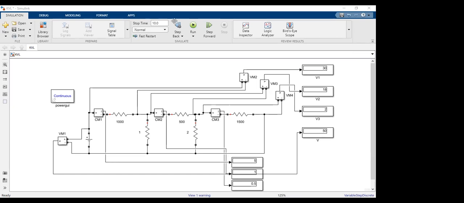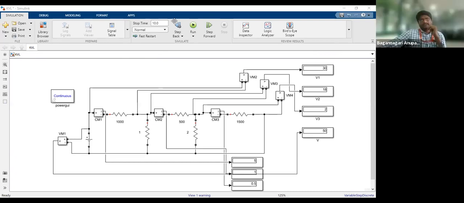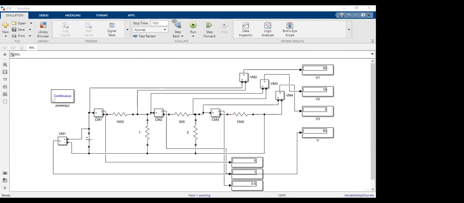Sierra, Ananya, what's going on with the BW lab for other sections? Do you have any information?